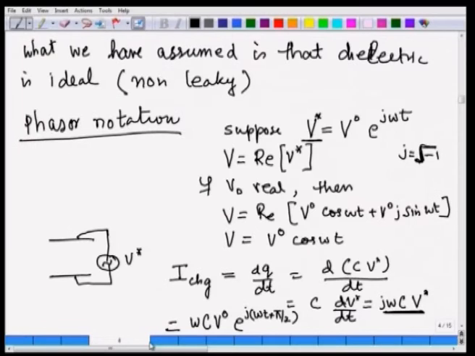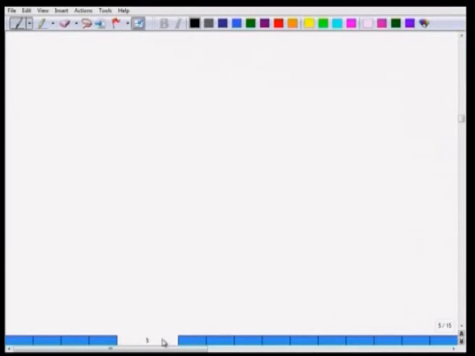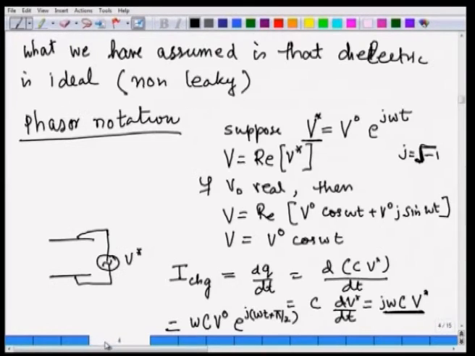So what happens? If I draw this, the way I will draw it is like this. If I plot the real part and imaginary part, then this voltage, which voltage? This V star voltage which we are plotting would have a real part and an imaginary part.